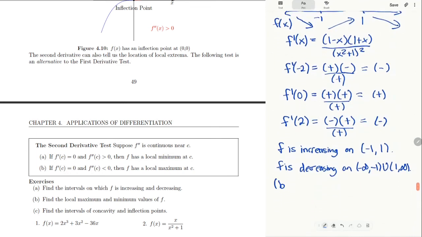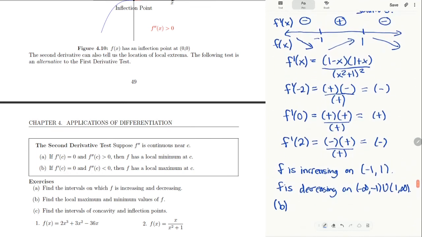Now in the next part, let's look for the local max and local minimum values of the function. From our number line, we know that f prime changes from negative to positive at negative 1. So there is a local minimum when x is negative 1. And since the derivative changes from positive to negative at positive 1, then we have a local maximum when x is positive 1.